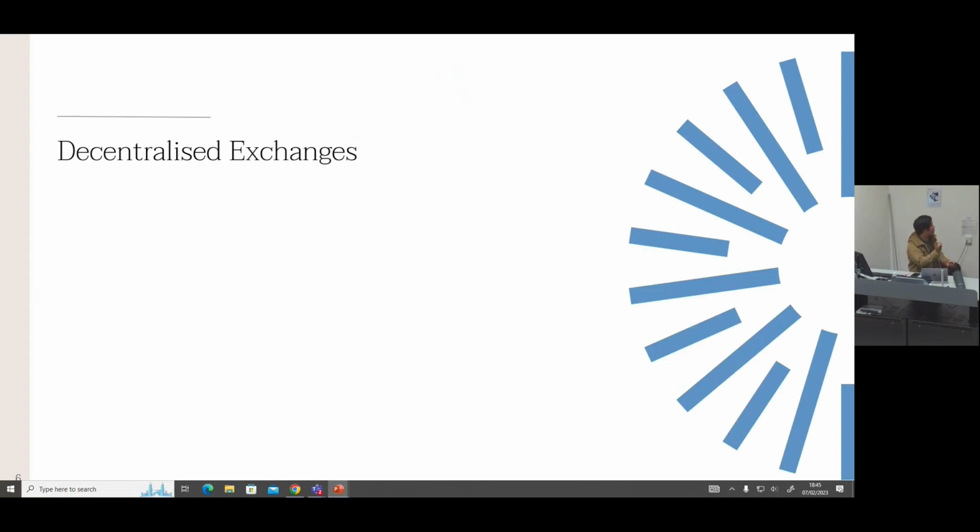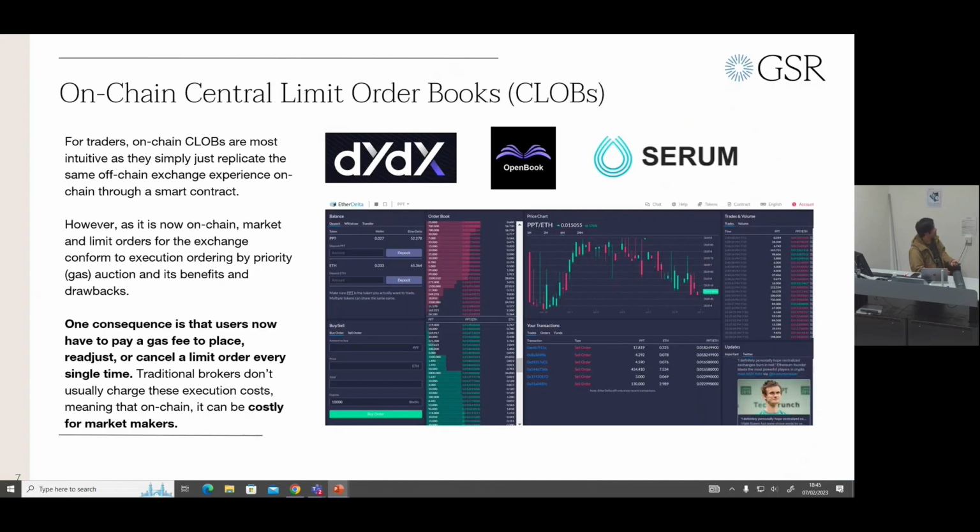Ahmed mentioned earlier that exchanges are one of the most prominent ways to interact with finance, and especially decentralized finance. More so, we'll be speaking about decentralized exchanges. As I mentioned earlier, central limit order books are things you already have off-chain, such as Binance or Revolut in the back end.